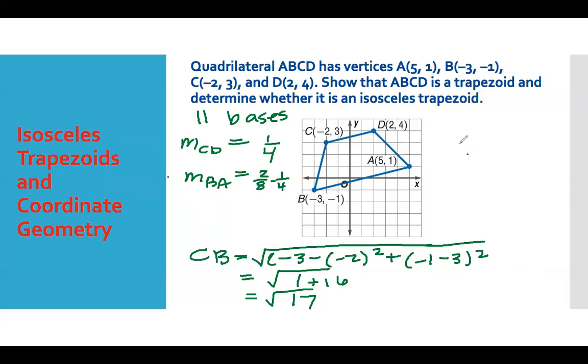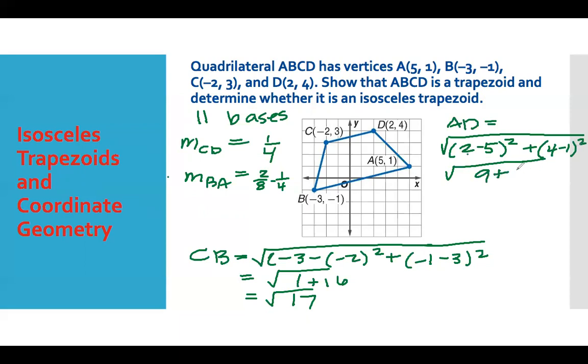Now let's do AD. And so that's going to be the square root of 2 minus 5 squared plus 4 minus 1 squared. So 2 minus 5 is -3. 3 squared is 9. 4 minus 1 is 3. 3 squared is 9.